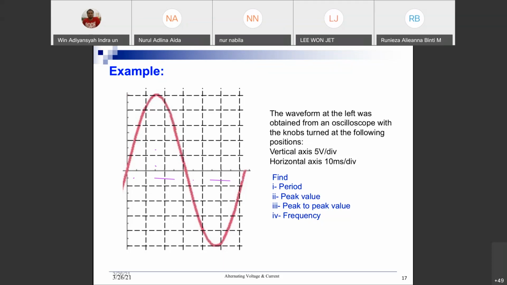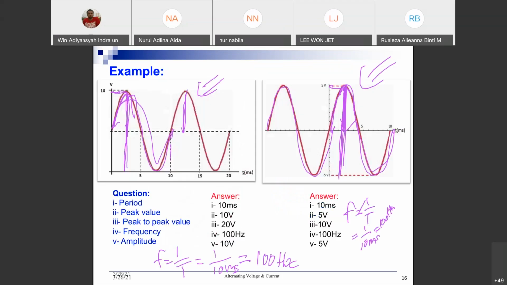Wait, there's a question. Example 1. Which one? Peak 5 volt. This is correct, 5 volt, right?